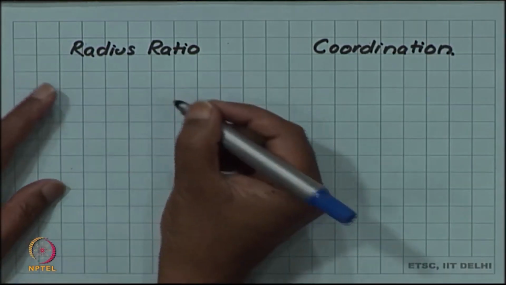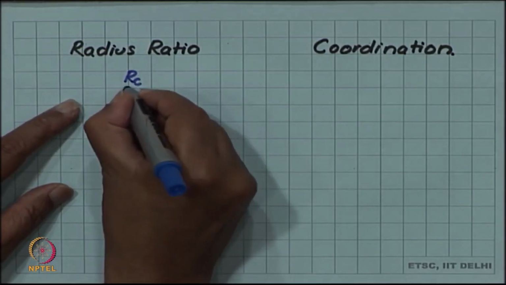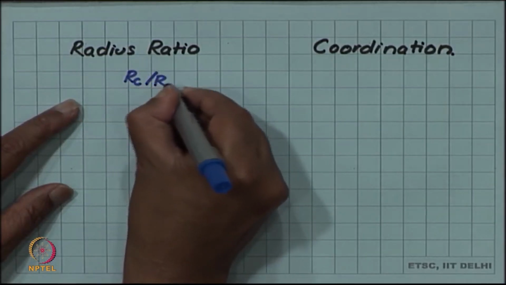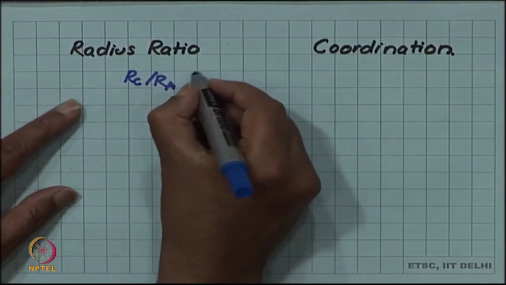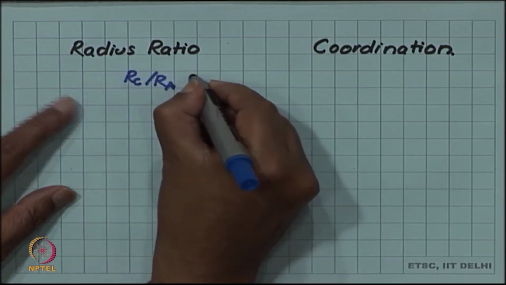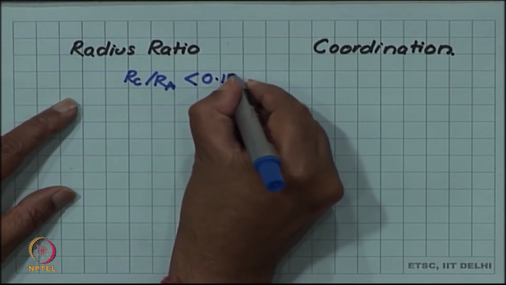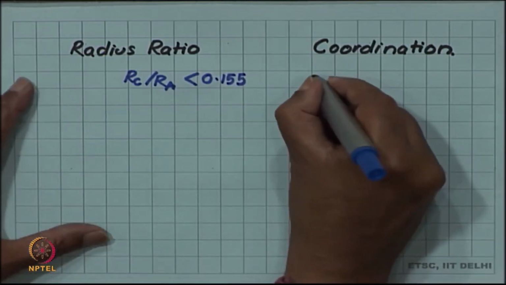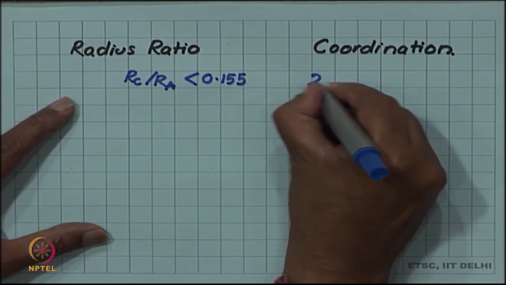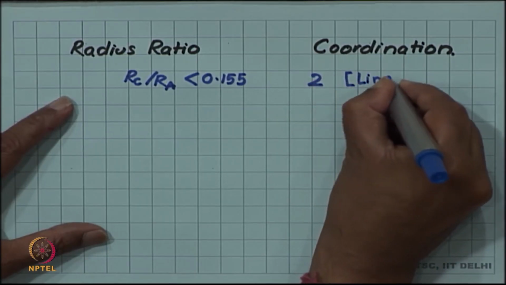Now, what we have seen is that if you have radius ratio Rc by Ra less than 0.155, then you have a coordination of 2, or what we call a linear coordination.